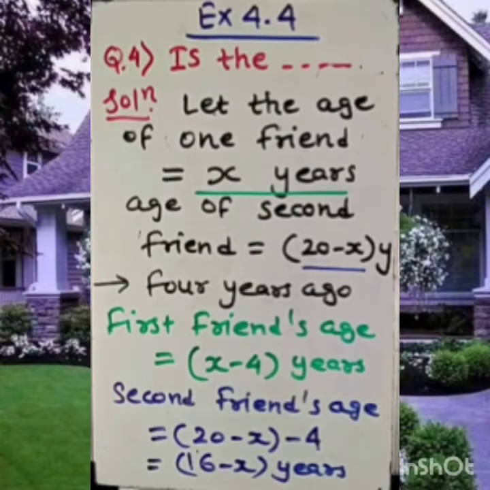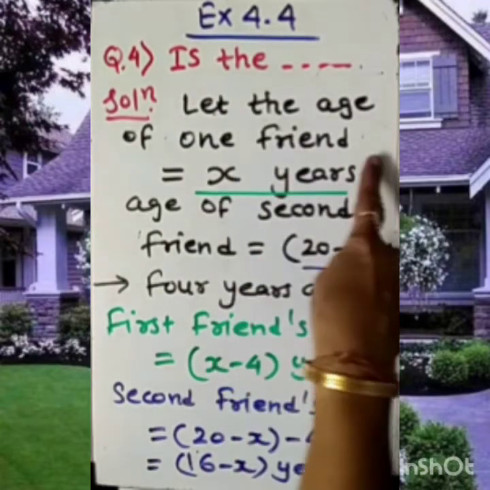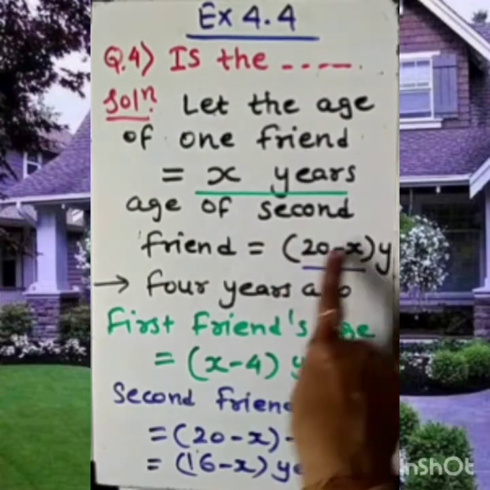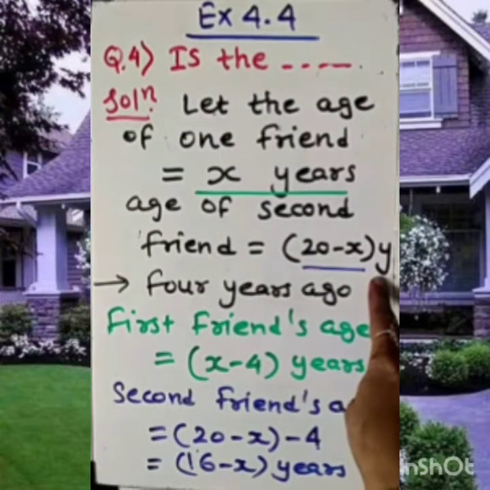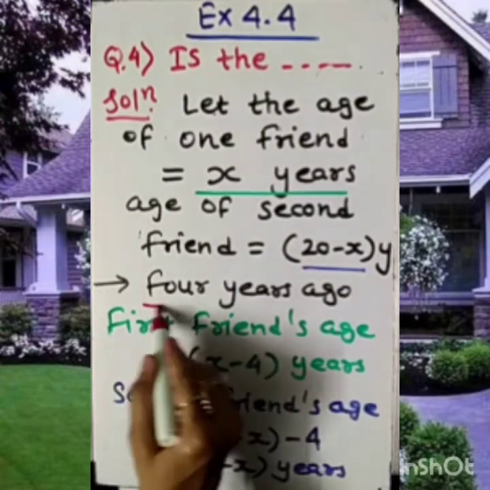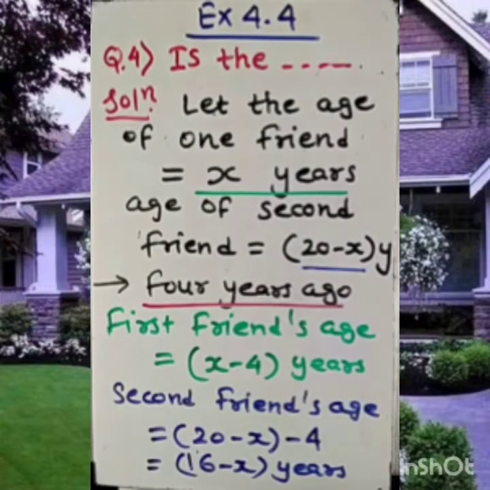Once again, I am explaining to you. In the beginning, the sum of the ages of our two friends we are given, that is 20 years. Suppose the age of one friend is x years, so the age of the other friend will be 20 minus x. Now they have given one condition, for 4 years ago. We need to go 4 years back into the past.